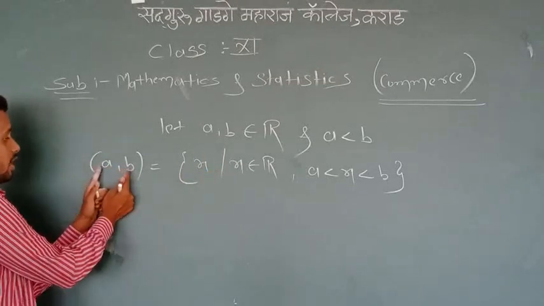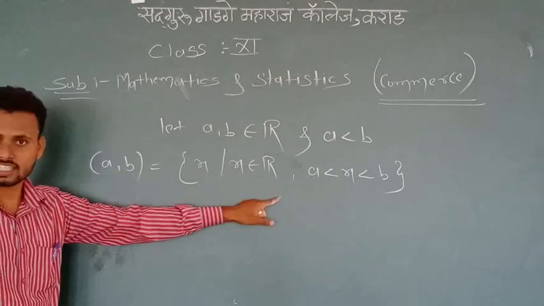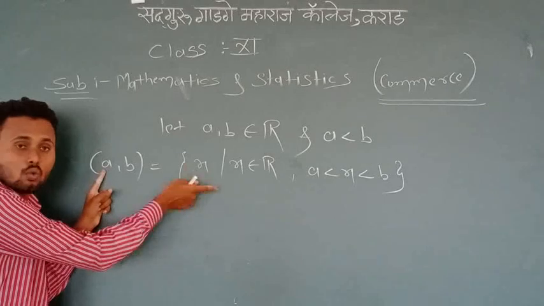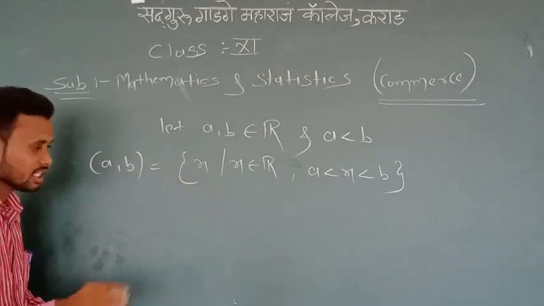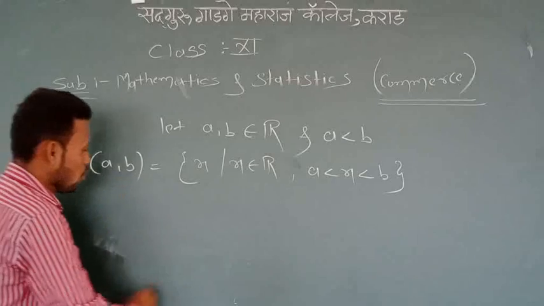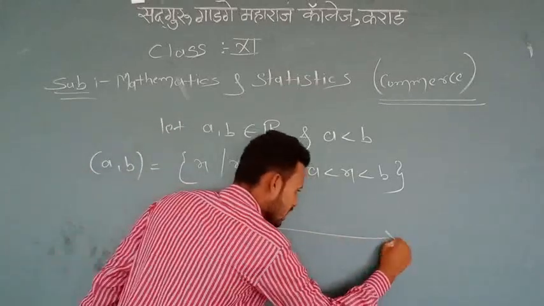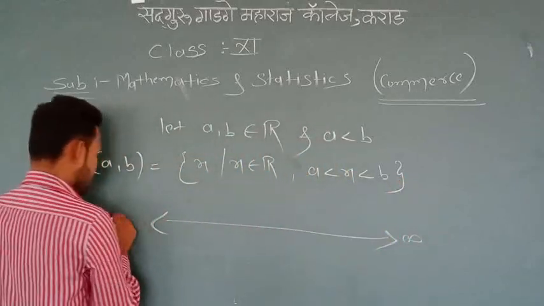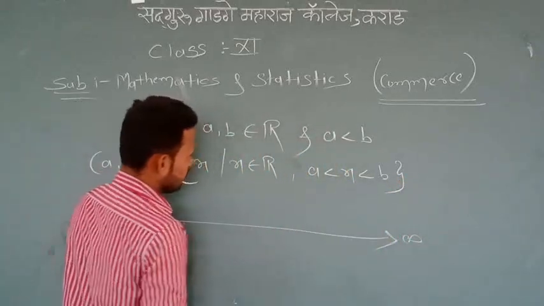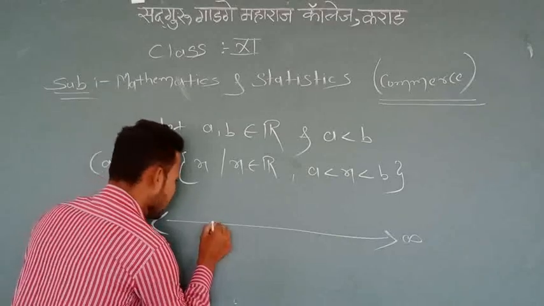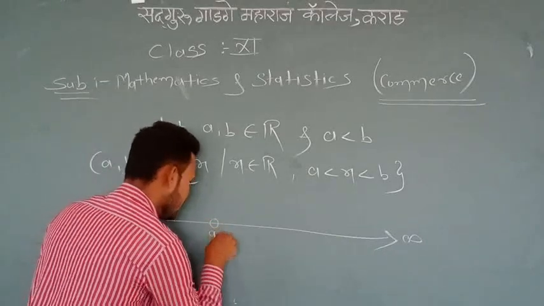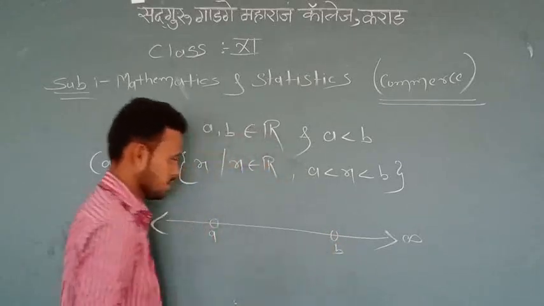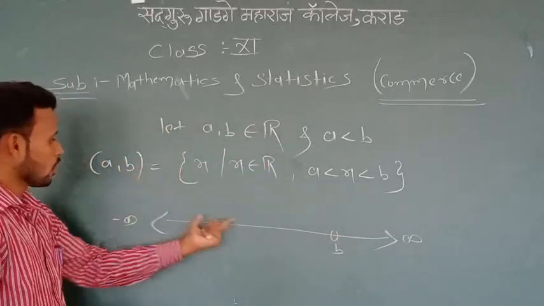All the points in between the two will come in this set, but the two boundary points will not come in the set. Why? Because it is an open interval in terms of the real line. On the real line, here plus infinity, here minus infinity. Suppose here is real number A and here real number B, then this open interval will be on the real line as well.